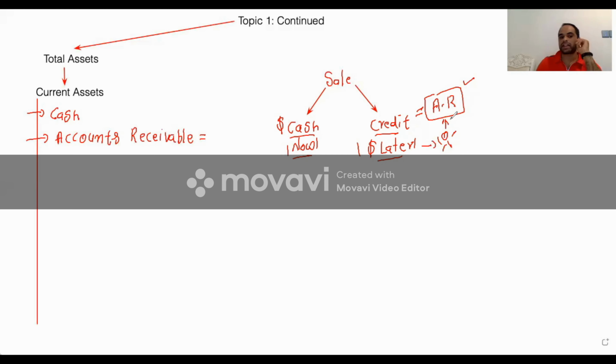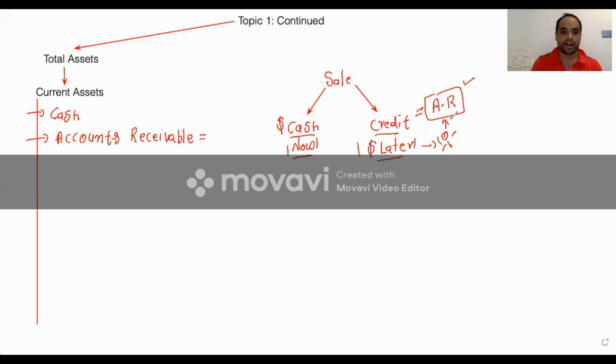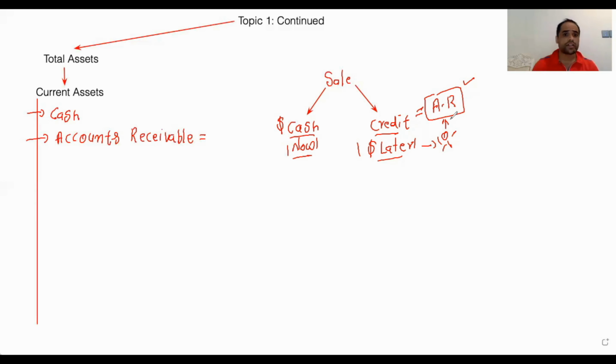So what does account receivable mean? Receivable means receive. Account means person, because in accounting, you prepare accounts related to each person. So accounts receivable means a person from whom we have to receive money. Why do we have to receive money?